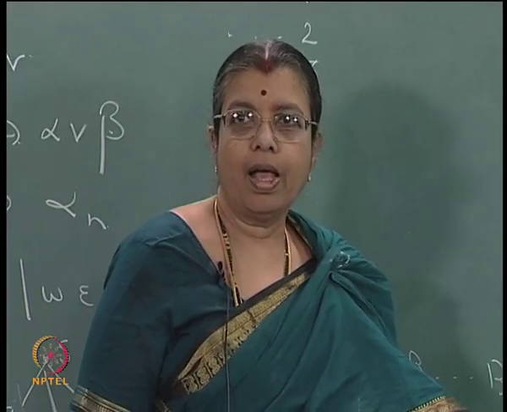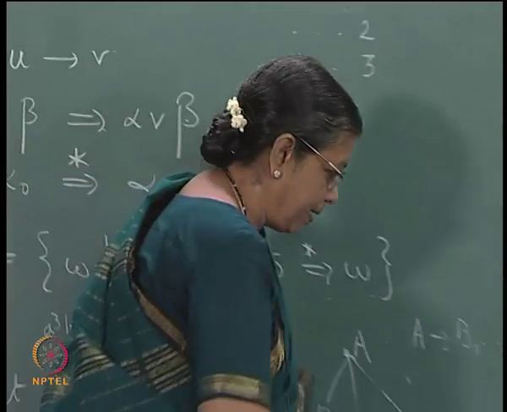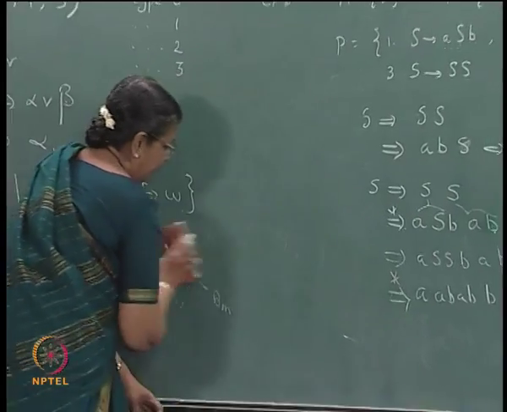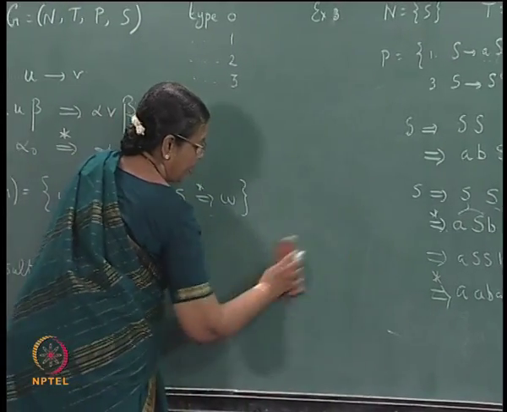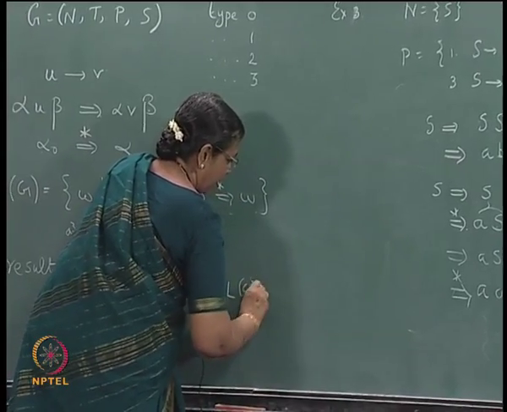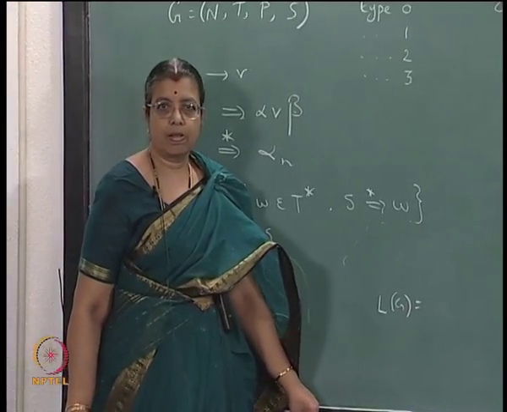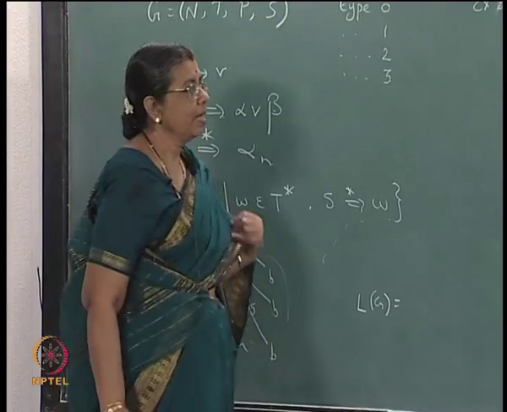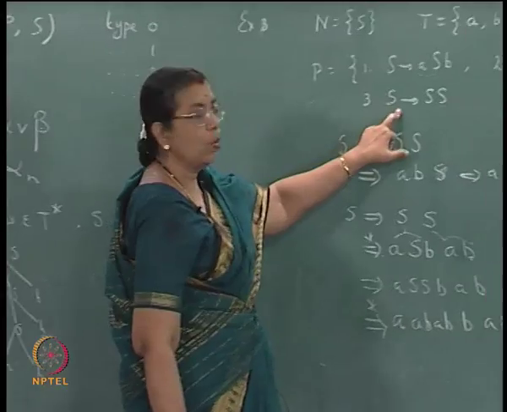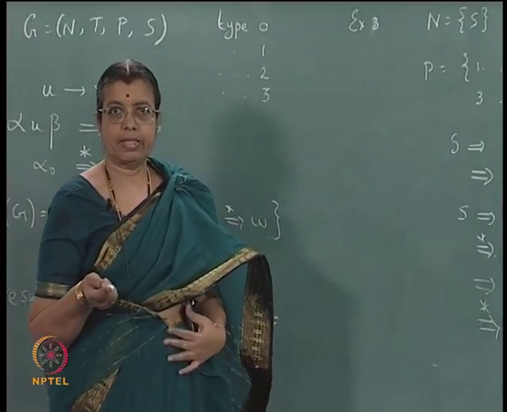Now, how can you describe precisely what L(G) is here? You must realize that when you use rule 3, you are generating only SS.